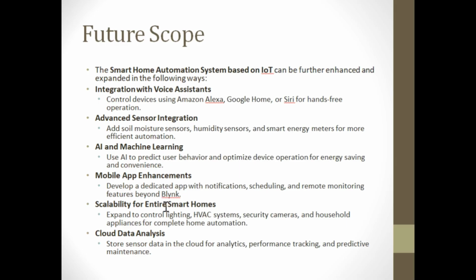Scalability for entire smart homes: expand to control lighting, HVAC systems, security cameras and household appliances for complete home automation. And cloud data analysis: store sensor data in the cloud for analytics, performance tracking and predictive maintenance. These are some future scopes about this project.